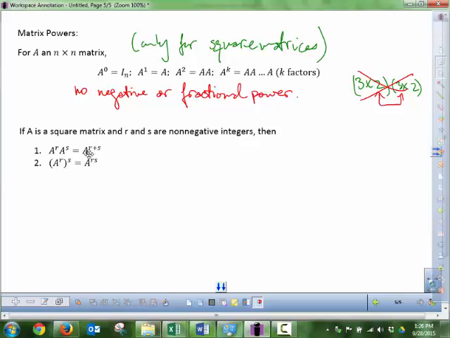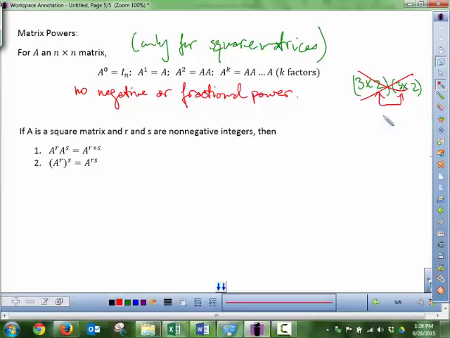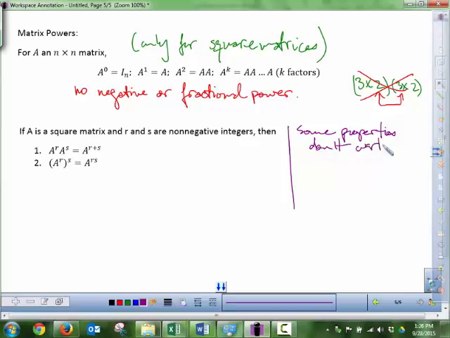So these aren't to be taken for granted because of the way our A's, our matrices work. And I want to give you an example of a property that we have for real numbers with powers that we kind of use and take for granted.